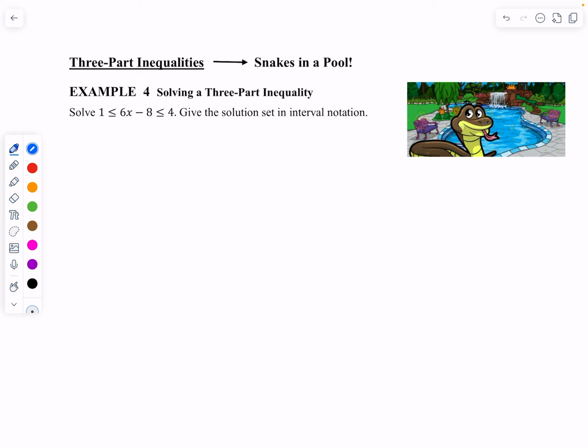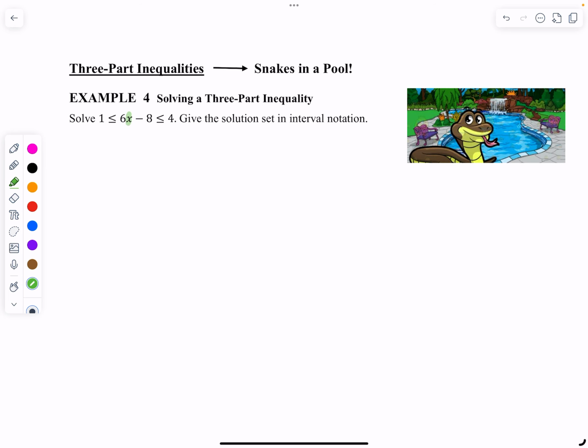Now I call this snakes in a pool because, do you see this snake right here? Let me make it green. We'll make it a green snake. There's my green snake. Whenever a snake goes into a pool, and we used to live in a neighborhood that had a pool, and that pool happened to be next to the Middle Tiger River, occasionally a little snake would decide it wanted cleaner water and would jump in the pool.